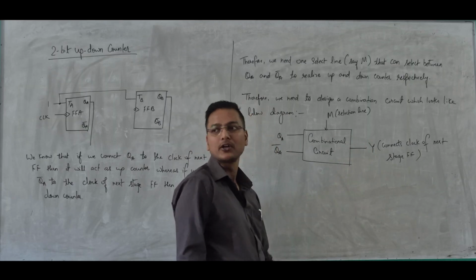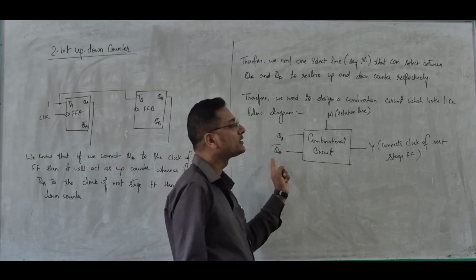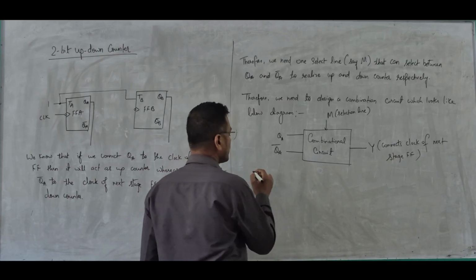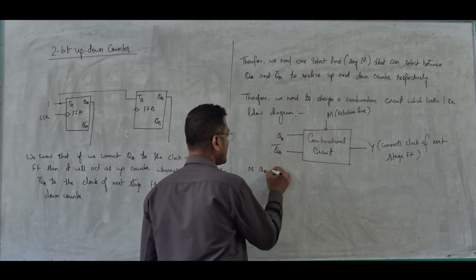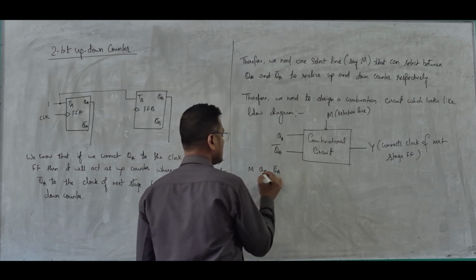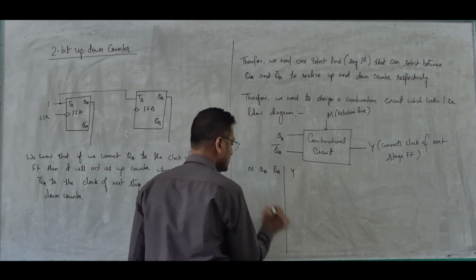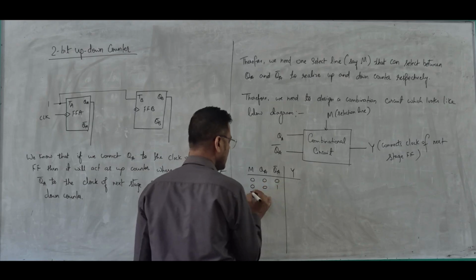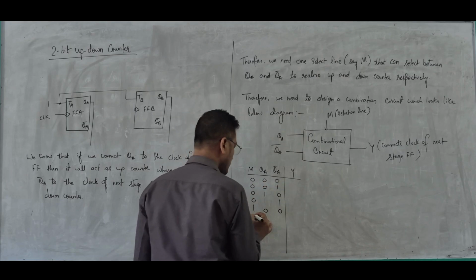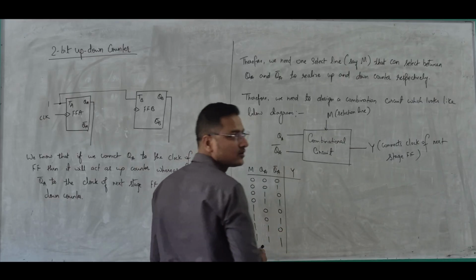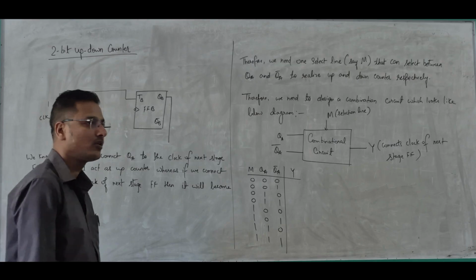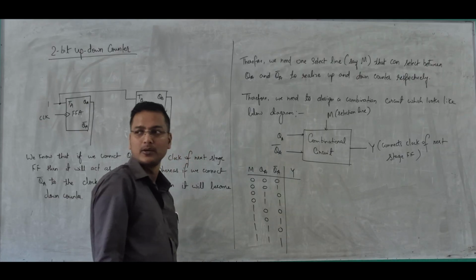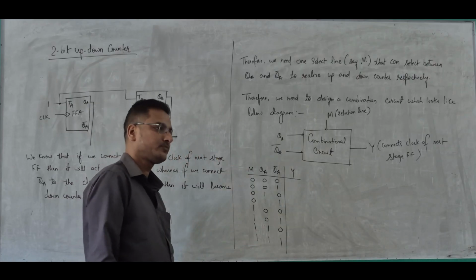QA should be connected to Y. And when M is 1, QA complement should be connected to Y. So we will make a table like this: M, QA, and QA complement, and there is Y. And write all the possibilities, 0, 0, 0, 0, 0, 1, all the possibilities of this combination, because there are three inputs.